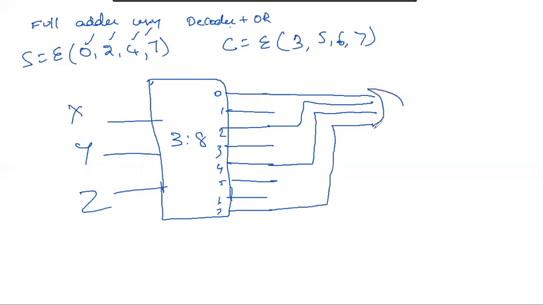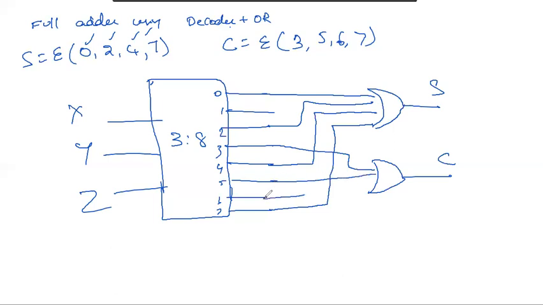So this is sum. Now carry. One more OR gate. 3, 5, 6, 7. Okay. Like this, you have to implement Boolean expressions using decoder plus OR gate. Okay. Thank you for the class.